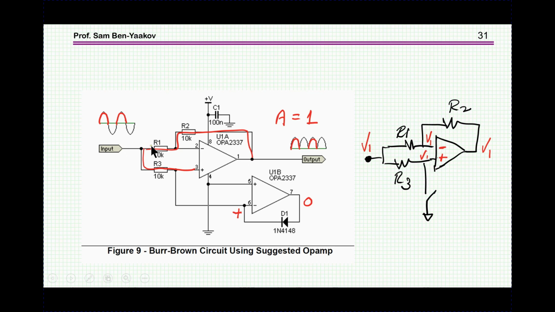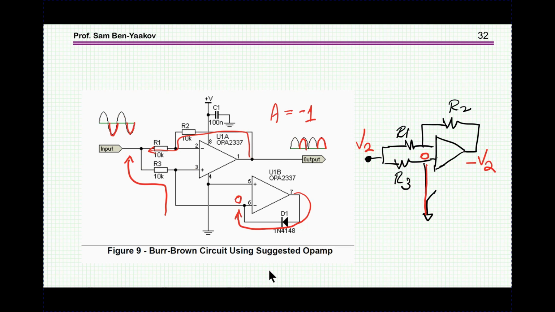So the gain of a circuit like this, which has a resistor to the plus, these two resistors, is 1. So we have a gain of 1 between the input and the output for the positive voltage at the input.